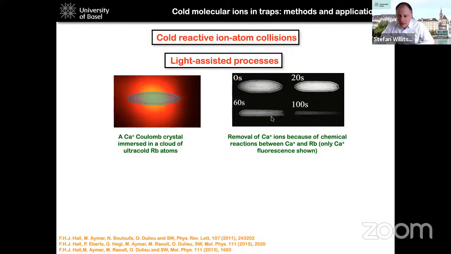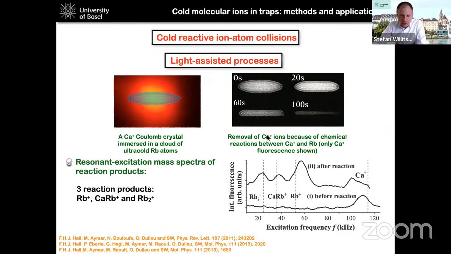The interesting question is now, of course, that this is clearly some reactive process going on. The calcium ions are transformed into another chemical entity, whatever it may be. So the first question is what is this chemical entity? What one can do is turn the ion trap into a mass spectrometer in a very similar way as we have already discussed in my first lecture.